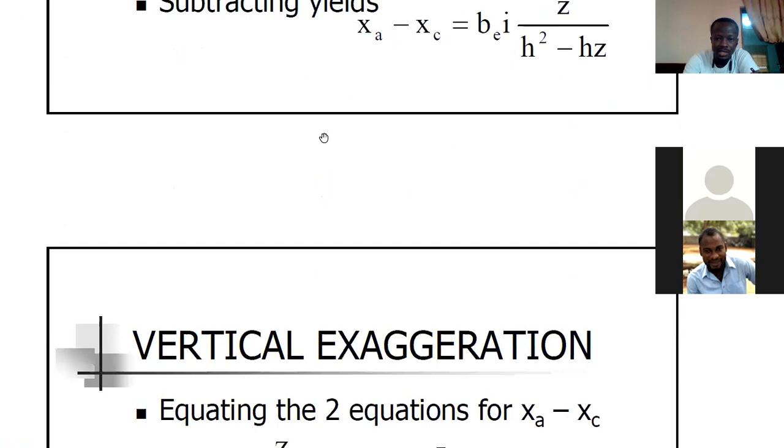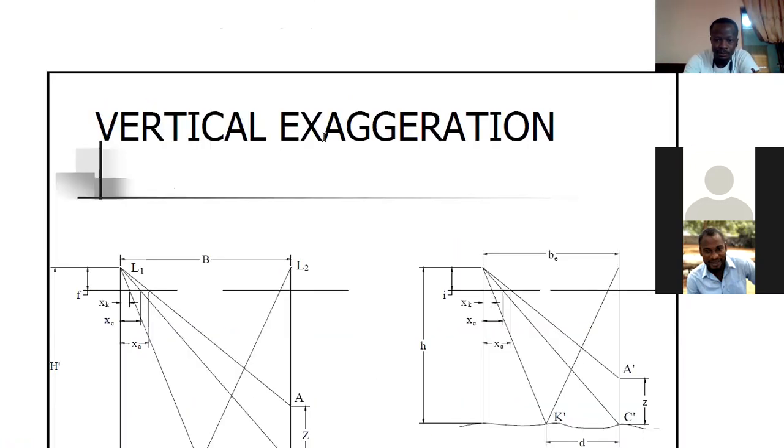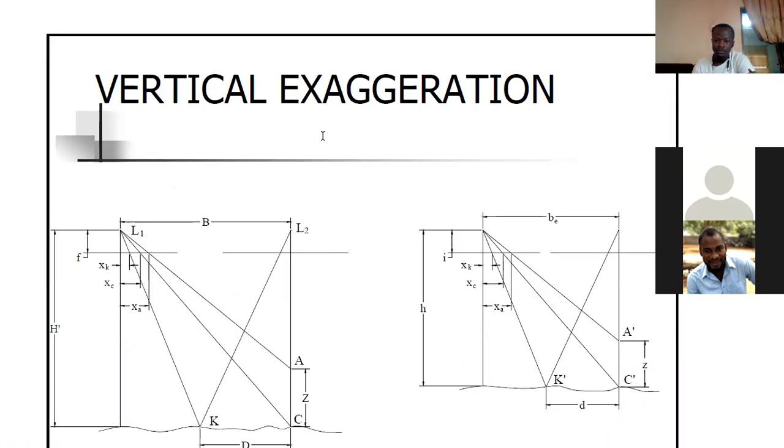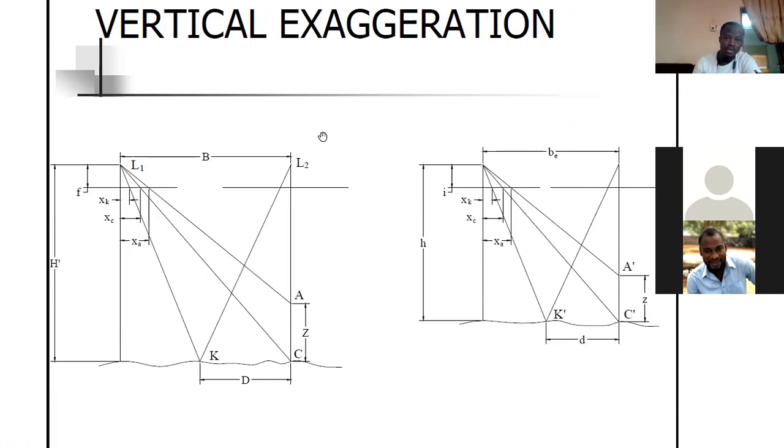So D in the diagram is a distance between K and C, which are actually on the datum. From here to here. So this D, that's bigger D on the ground.